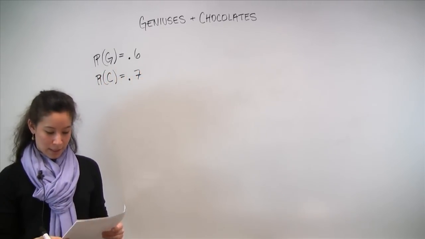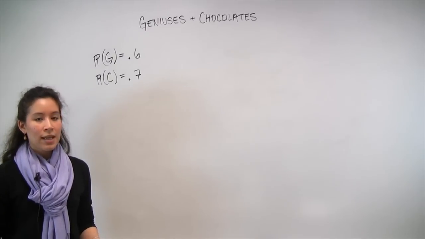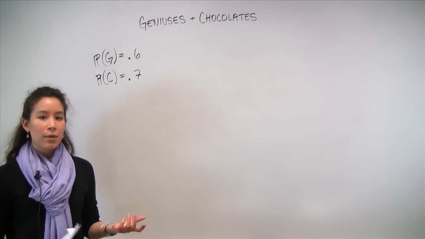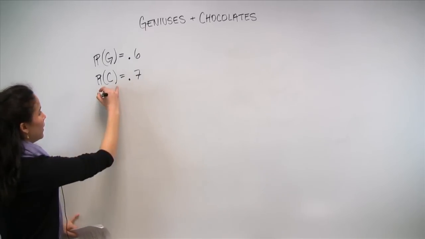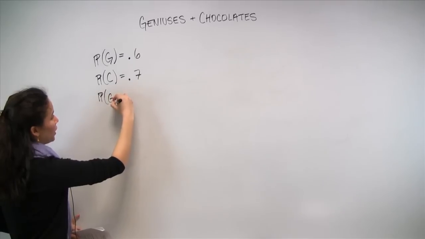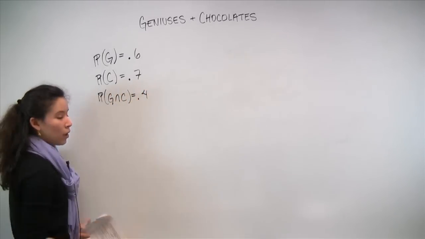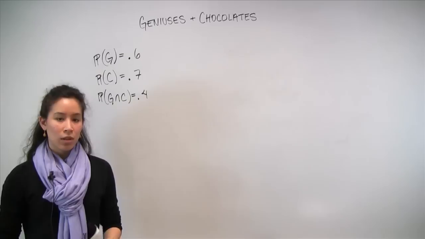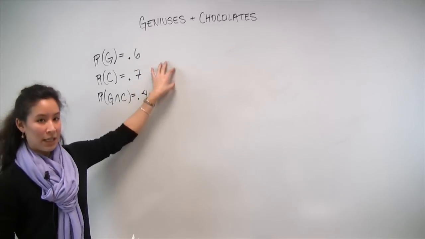Lastly, we are told that the probability a randomly selected student falls into both categories is 0.4. And the way we can express that using the notation already on the board is the probability of G intersect C is equal to 0.4.